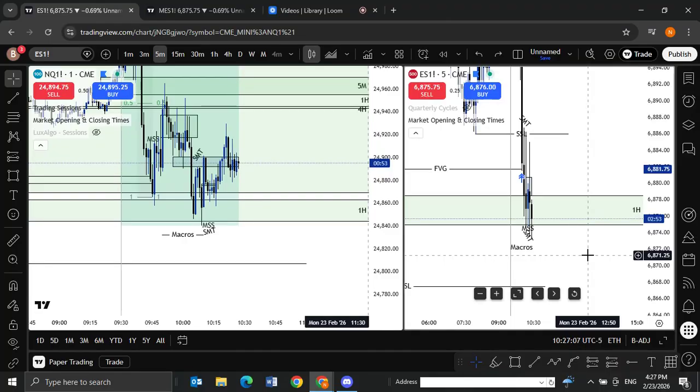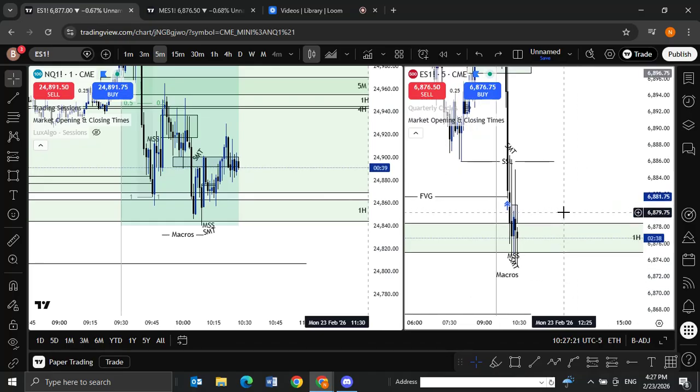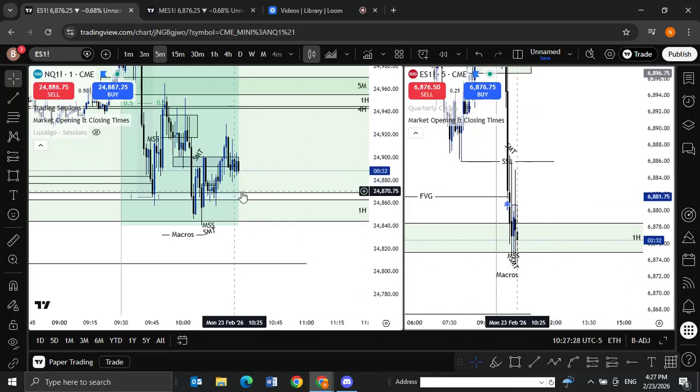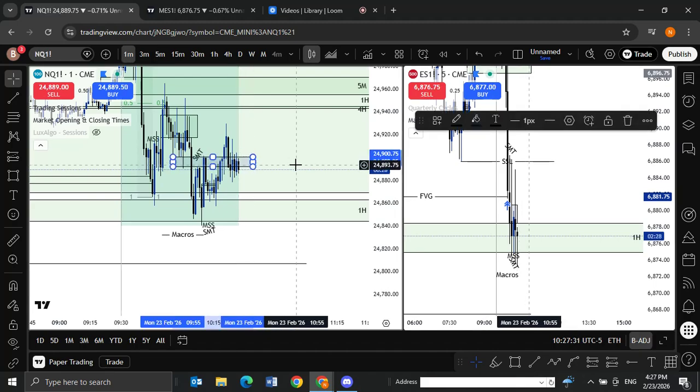Honestly, I feel like we might push lower, but only during the PM session, for a few reasons. First of all, we're in accumulation right now, and I think we will not even reach the sell side today if price actually closes above this 5 minutes value gap, because this is literally the last hope.